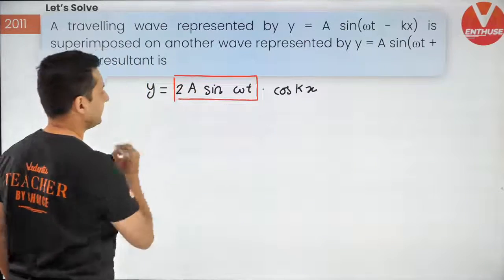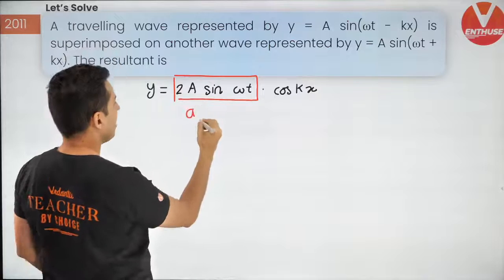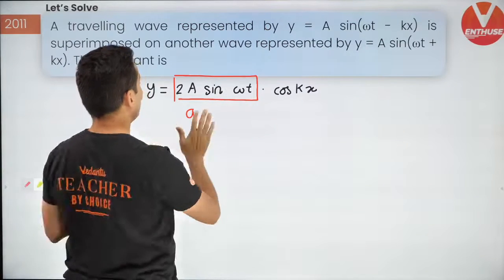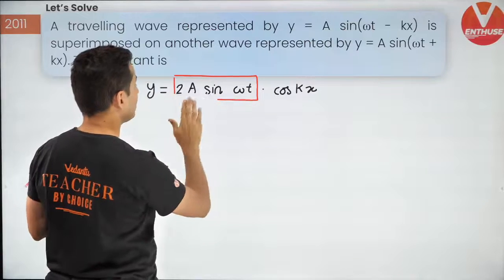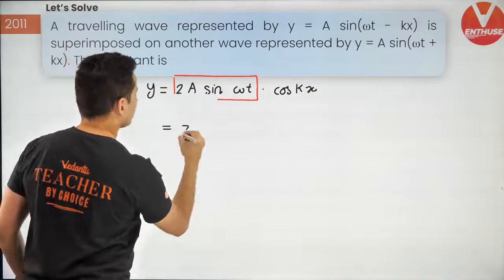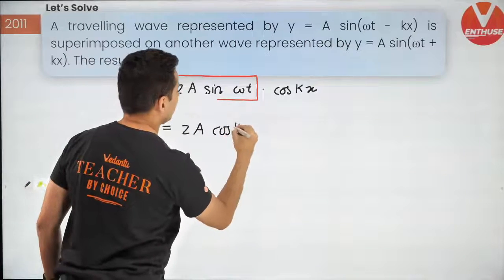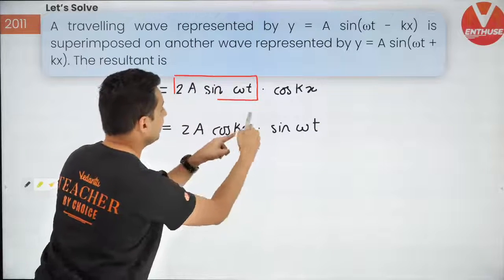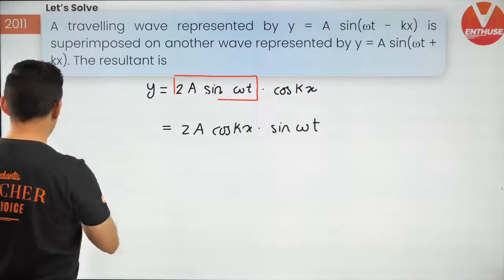So if that is true, think about it. This much part is not our amplitude. I need to rearrange it. I just need to get that x term. So this will be 2a cos of kx into sine of omega t, because whatever is there in x, that is going to be my amplitude.